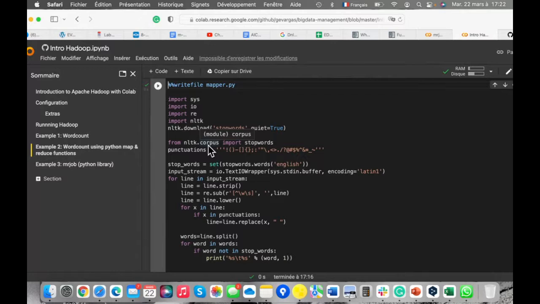No, I don't. Okay. NLTK is a Python library that deals with natural language processing. Natural Language Toolkit. You remember that when we have textual input, it's a string.